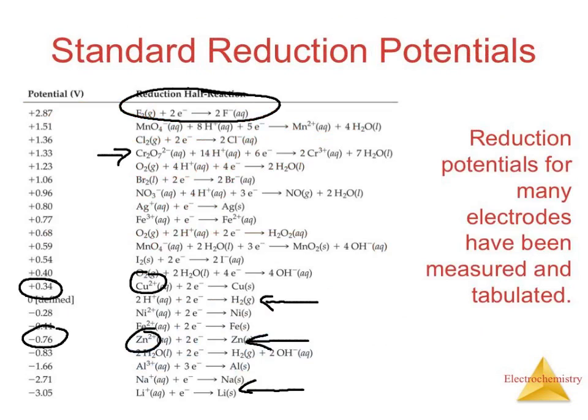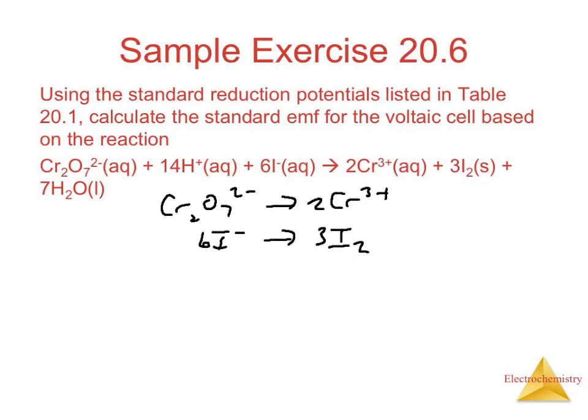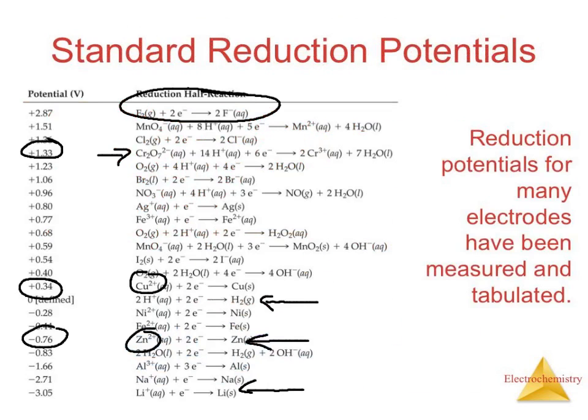Okay, so there's that reaction, and that has a potential of plus 1.33. Okay, the other reaction that's happening is iodine, I- going to I2. Now that one's written backwards here, okay, but here it is.